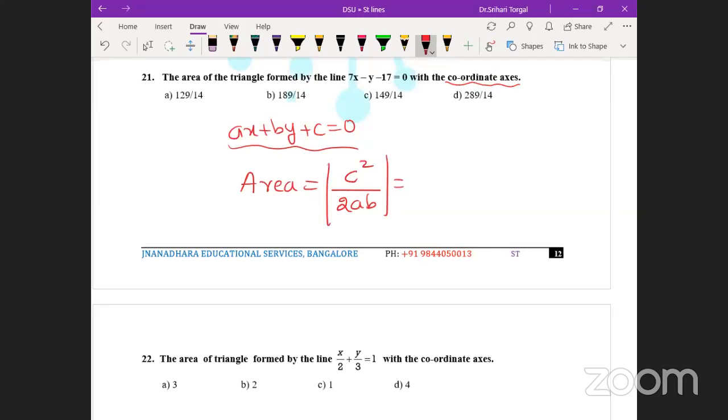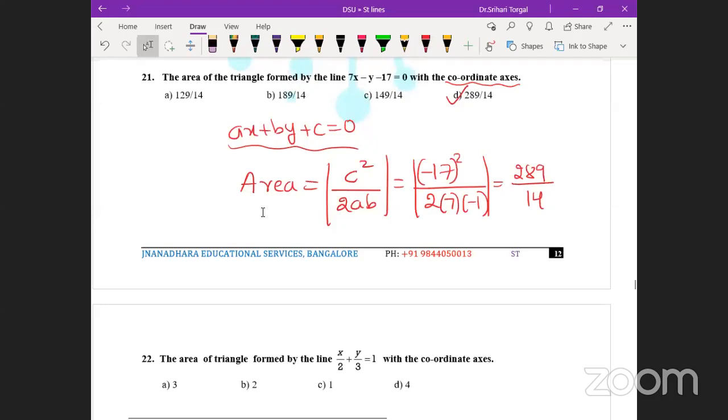Okay, c square by 2ab. What is c square? 17 square divided by 2 into a into b. 289 by 14. Option D is the answer. Remember this.